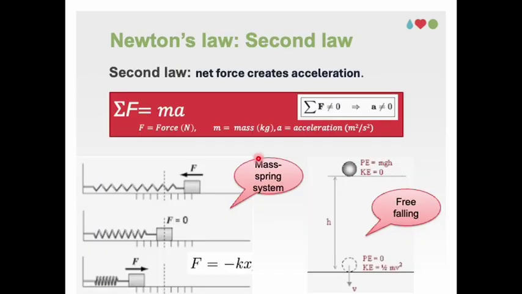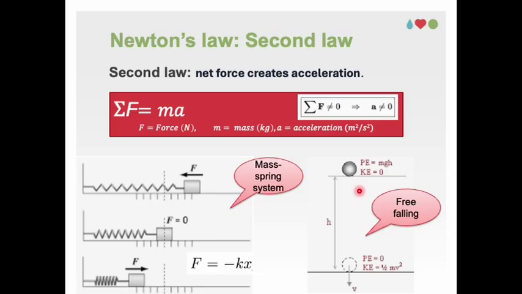In the first law, we have seen that when the net force is zero, velocity is constant. Now, if the net force is not zero, what happens? Assume I have a ball in my hand at a given height h. In this case, the net force is zero because the weight of the ball is balanced by the upward force applied by my hand.